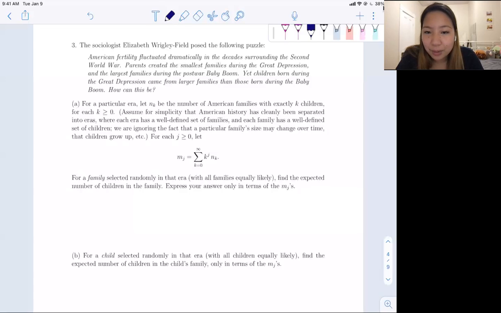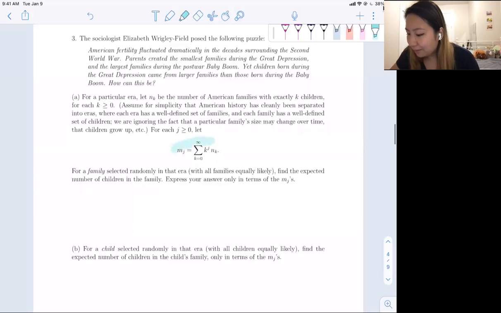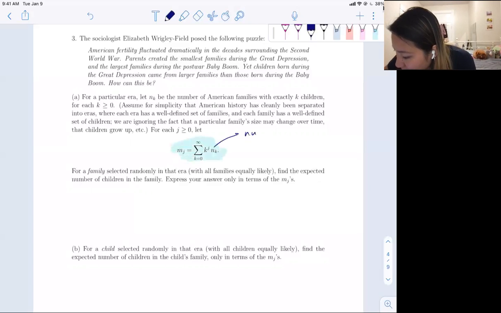We are ignoring the fact that a particular family size may change over time, that children grow up, etc. For each j greater than or equal to 0, let m sub j equal the summation from k equals 0 to infinity of k to the j times n sub k. So n sub k is the number of families, and k is the number of kids.